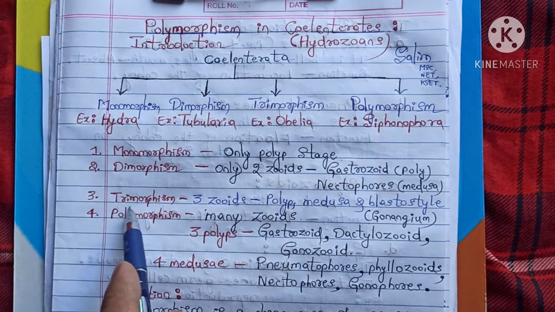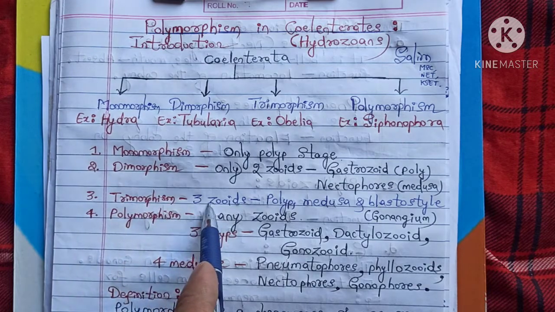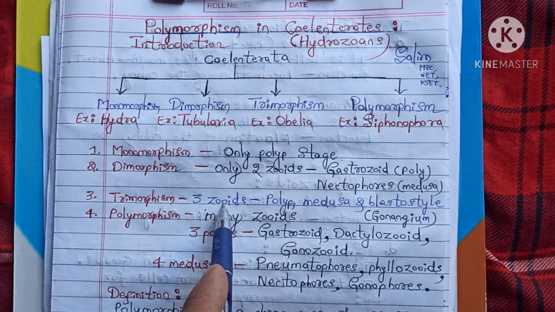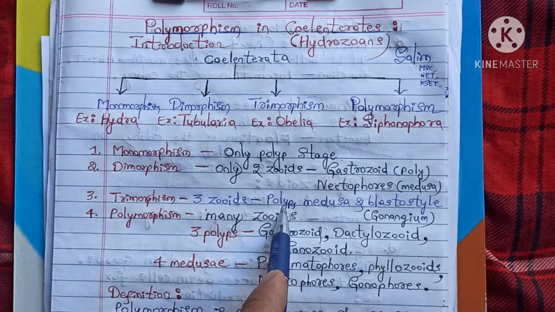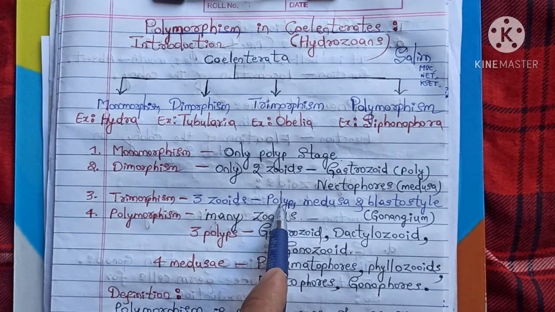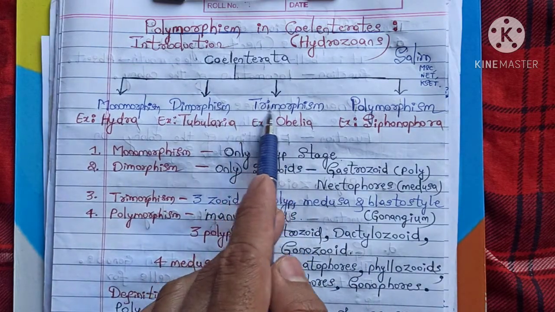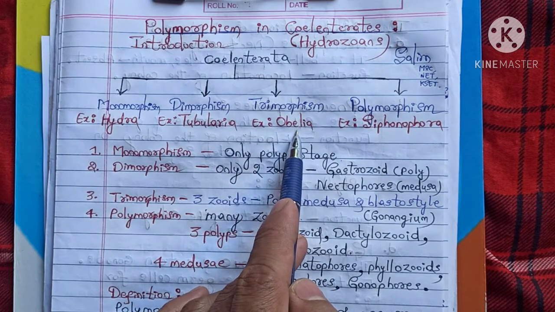Then the third one, trimorphism. As the name suggests, tri means three. These hydrozoans have three morphological forms or three zooids. They are polyp, medusa and blastostyle. As you can see, 1, 2, 3. There are three zooids, hence it is an example for trimorphism, and the best well-known example is Obelia.